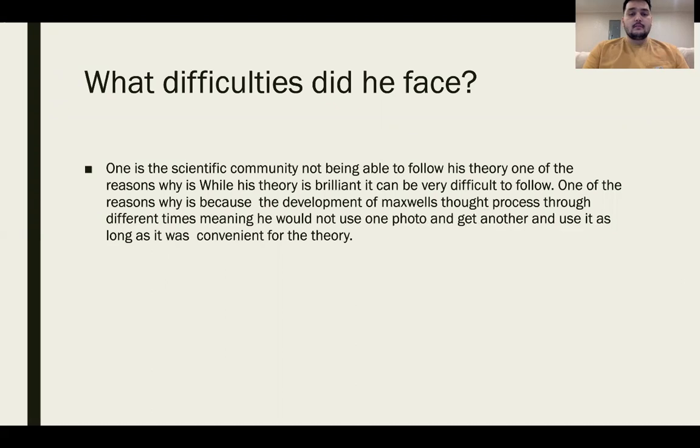One of the reasons is because of the development of Maxwell's thought process through different times, meaning he would use a photo, but if it wasn't convenient, he would grab another one and use that instead, just using what was convenient for the theory.